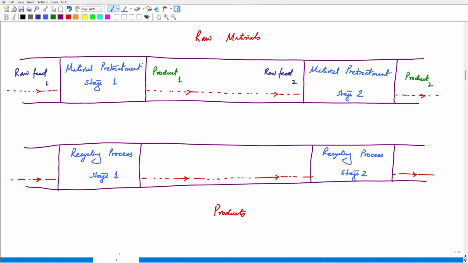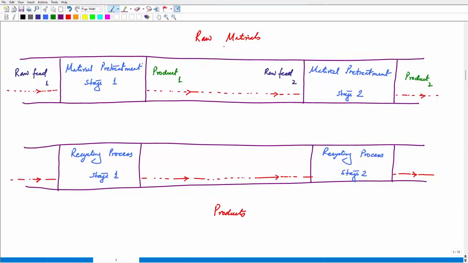And of course, this is again contained in the pre-treatment section only. This is a schematic diagram that describes the flow of materials from raw materials to products. So, one can think of it as a top-down flow.